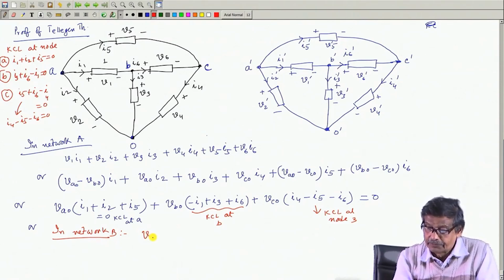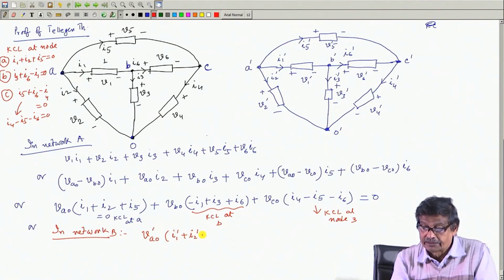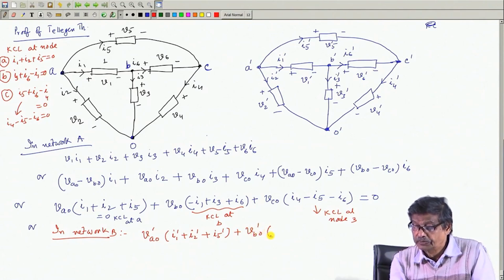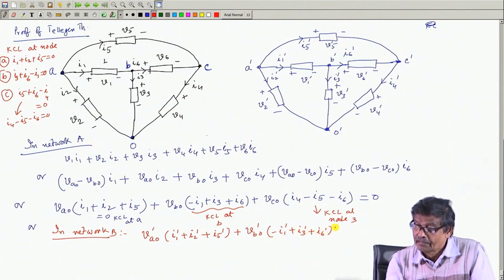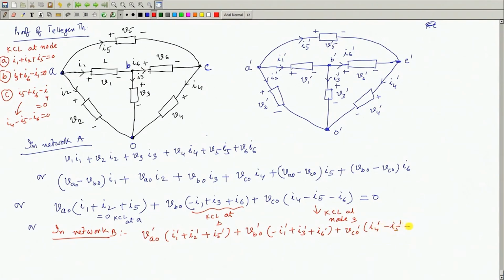So, same thing you will get if you apply, only thing they will become prime, that is I1 dashed plus I2 dashed plus I5 dashed, then plus V_A0 dashed into minus I1 dashed plus I3 dashed plus I6 dashed, and plus V_C0 into I4 dashed minus I5 dashed minus I6 dashed.